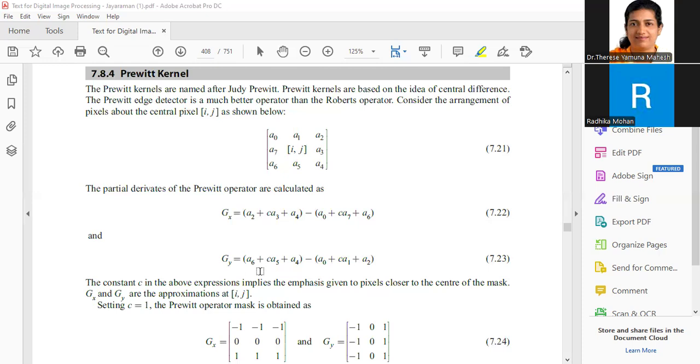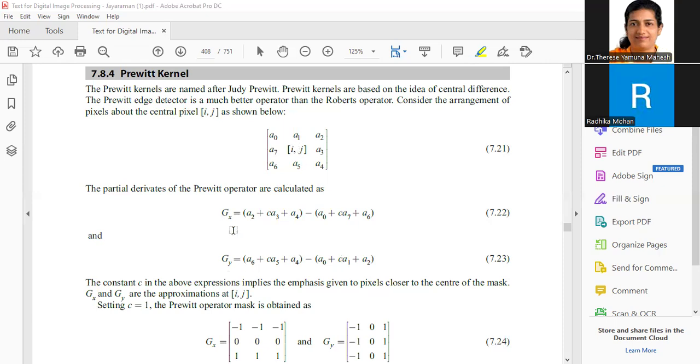Similarly, gx will be a6, ca5 plus a4, this column minus this row, and here the middle term is multiplied by the constant c.